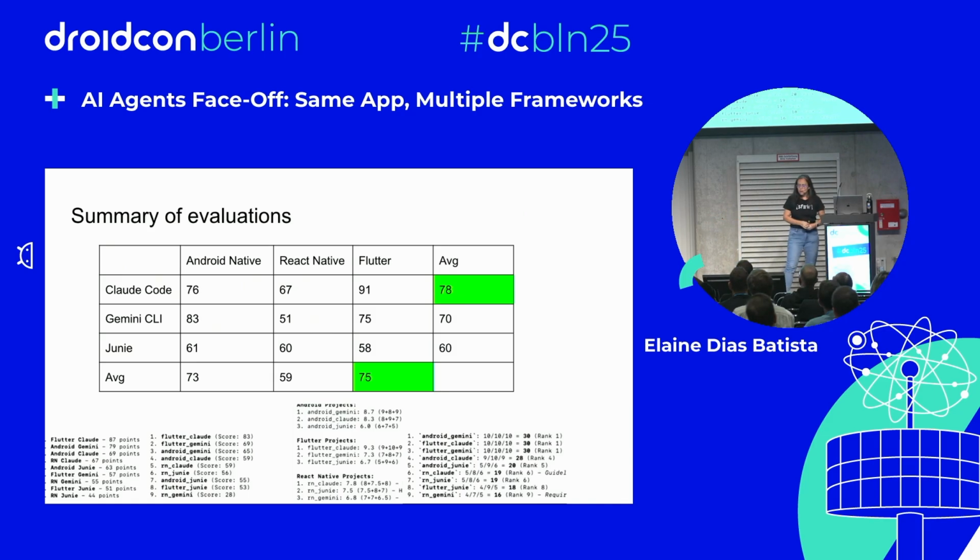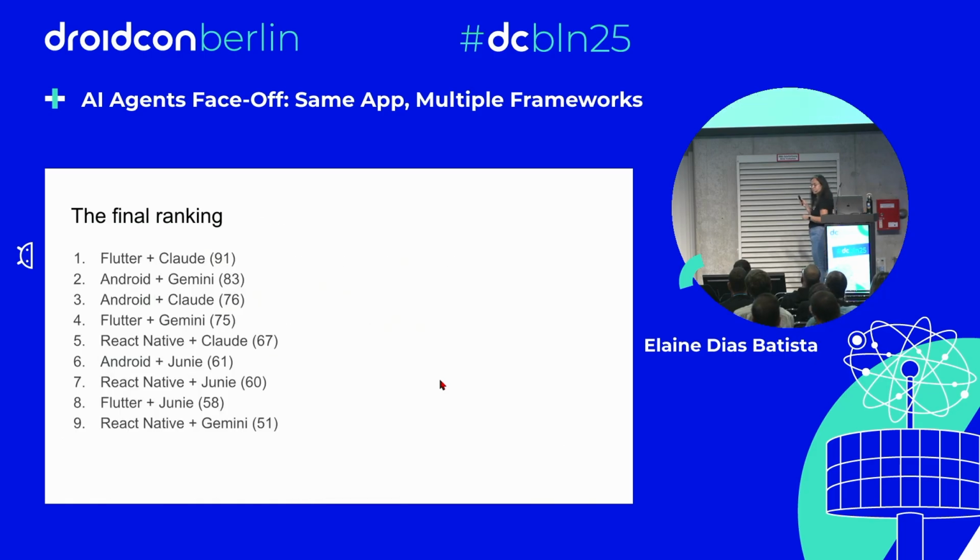I'm not going to get into detail, but here is the summary of the results with averages. This slide is to show you that the agent that had the best score was Claude, and the technology that had the best score was Flutter, but Android was almost there. And here is the final ranking. Flutter with Claude with 91, then Android with Gemini with 83, Android Claude.